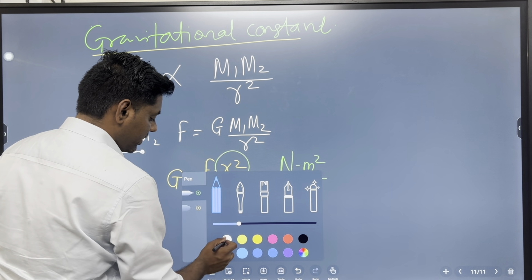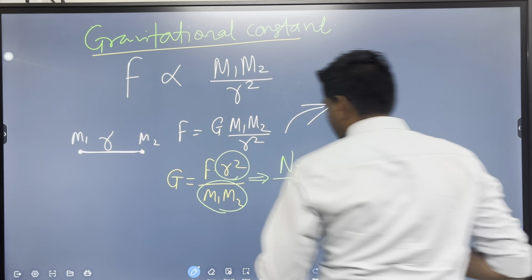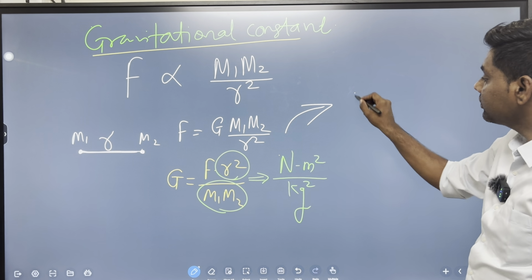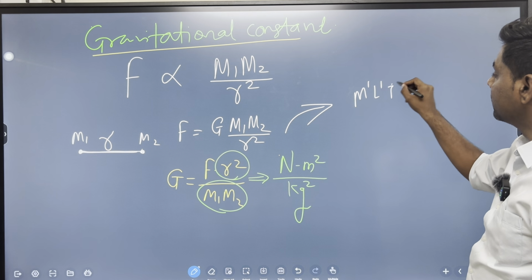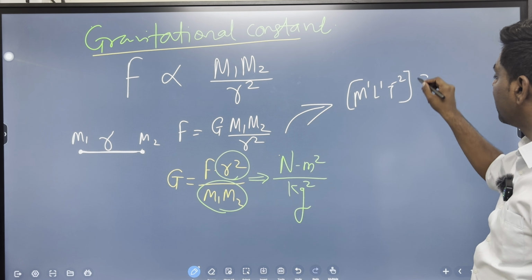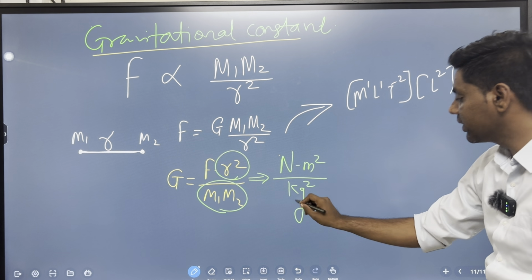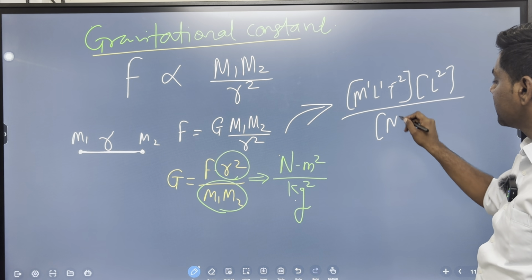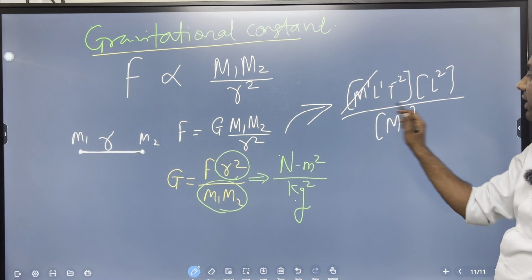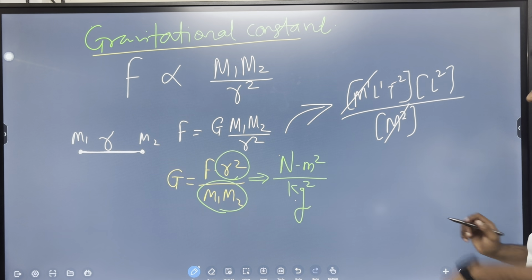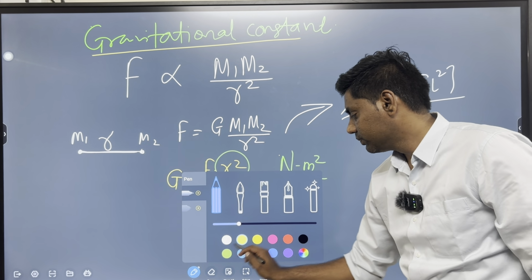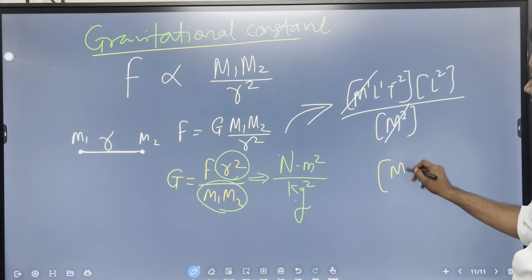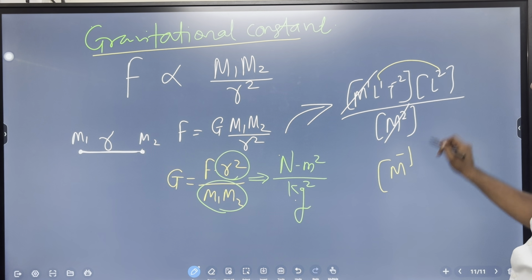So we can solve the dimensional formula: Newton is M1 L1 T minus 2, meter square is L2, and kg square means M2. So M1 gets cancelled, the denominator goes to the numerator, and it becomes M raised to minus 1, L3 and T minus 2. This is the dimensional formula for the gravitational constant.